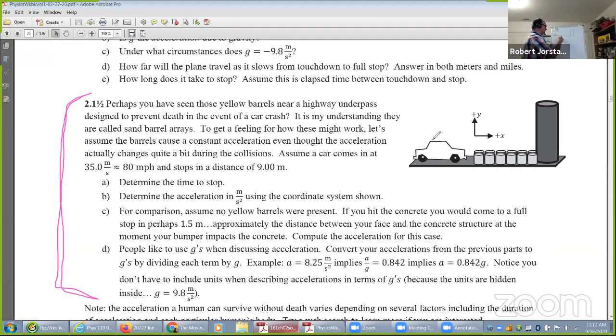Hey, that's cool. That means we can use our math. I'm just writing down the keywords from the problem that make me feel good here. It comes in at 35 meters per second. And it's going to stop in a distance of 9 meters. And that's all we know.